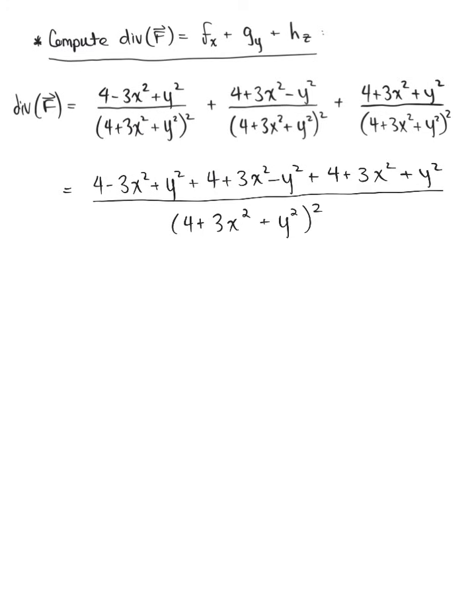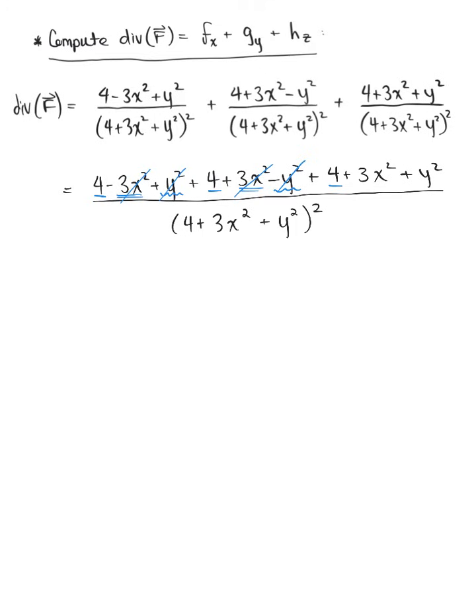And we can simplify. So let's see, we have these three constants that we can add together. We also see that we have this minus 3x squared and a positive 3x squared. So those cancel each other right out to 0. We have the positive y squared and a minus y squared. That will cancel each other right out.